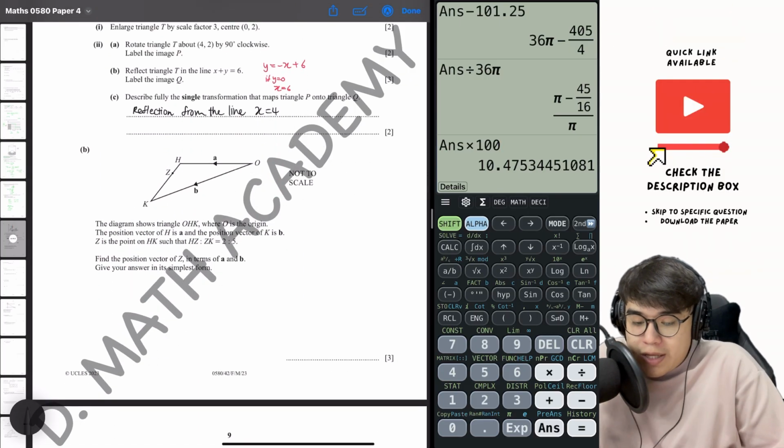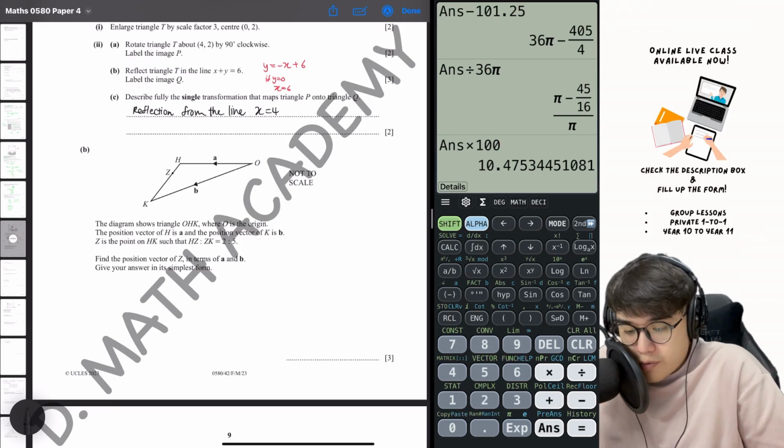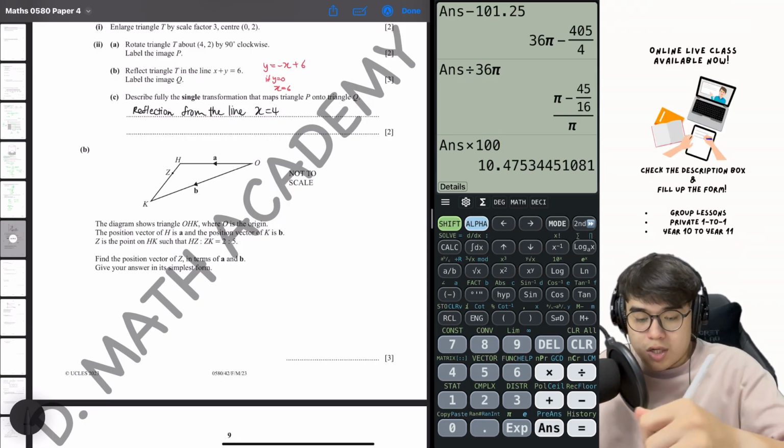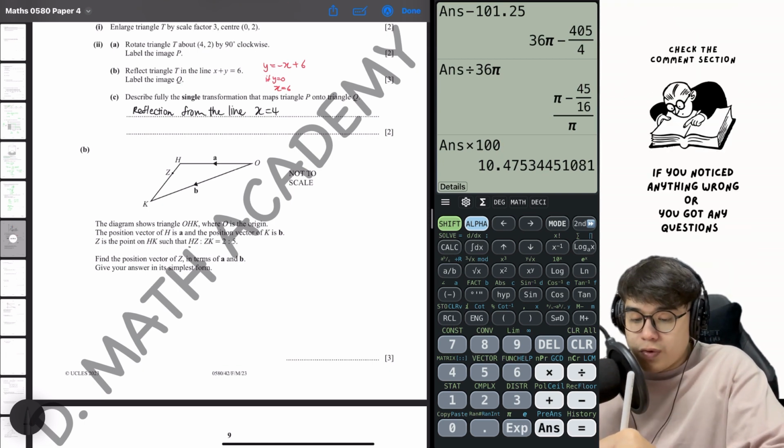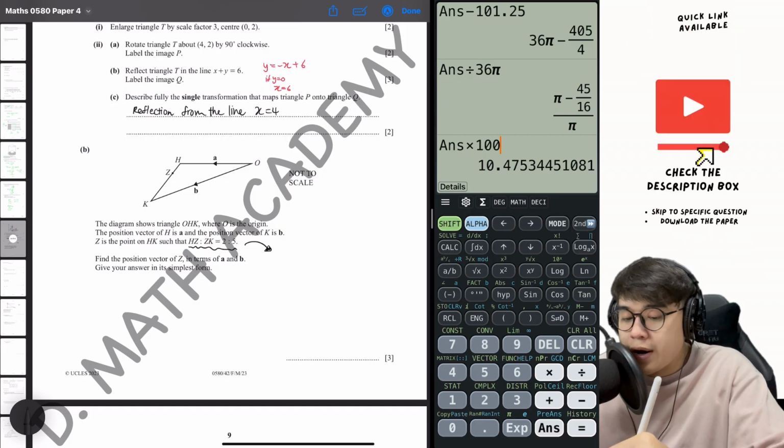Moving on to part B, they said vector of A, B. Okay, correct. So the things that I need to focus on will very likely be this thing right here. And to work it out, always compare and see whether the middle is the same or not.